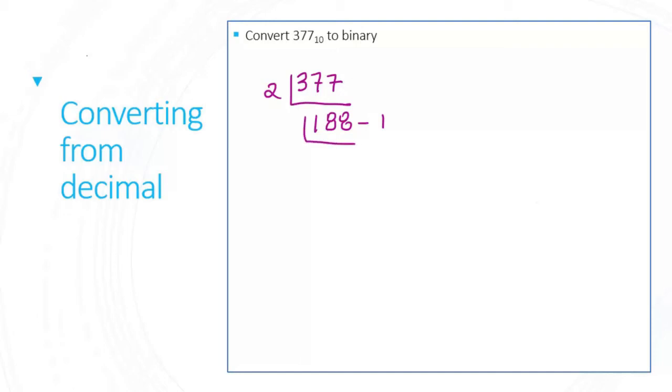Now I'm left with 188. How many groups of 2? In other words, 188 divided by 2 is what?